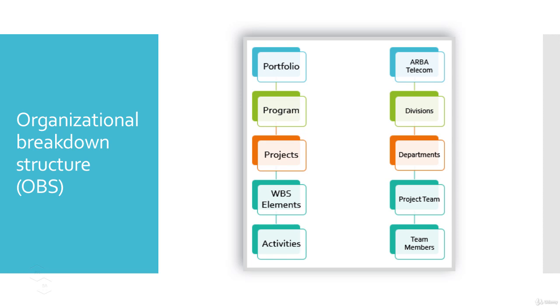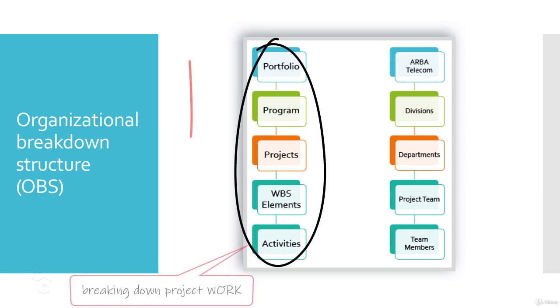We have portfolio at the top, then we have programs, after that we have project, and then we break down our project work into work breakdown structure or WBS. We can call them WBS elements or work packages, and these are divided further into activities. All of these break down the work. We are breaking down the project work here.